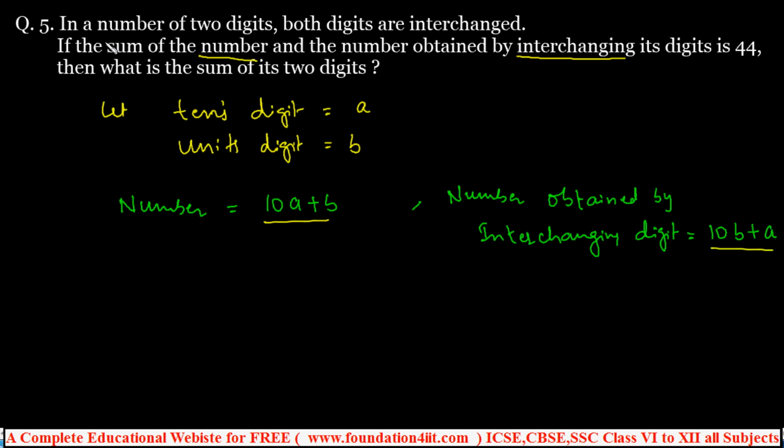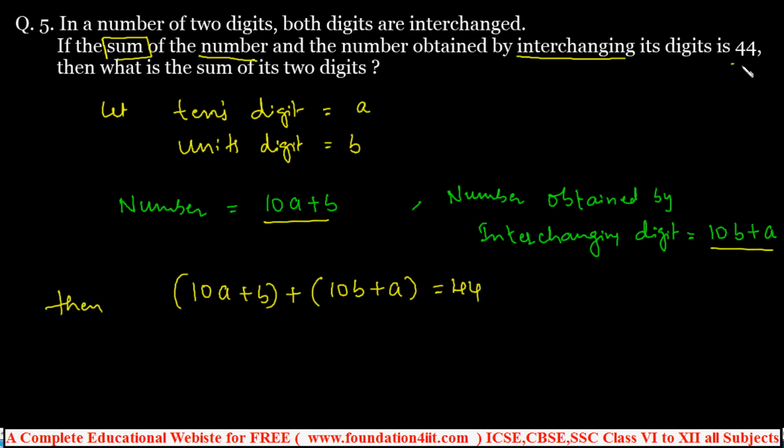Now we should add these. According to the condition, if we add 10a plus b, the number, and 10b plus a, the interchanged number, the sum is 44. According to the question, they give 44. Now using this statement only, we need to find the sum of its digits. Finding a plus b is enough.